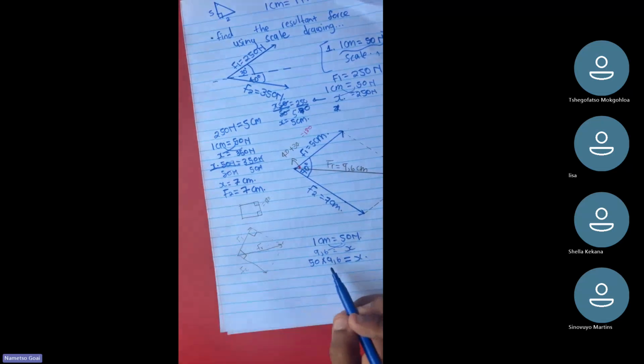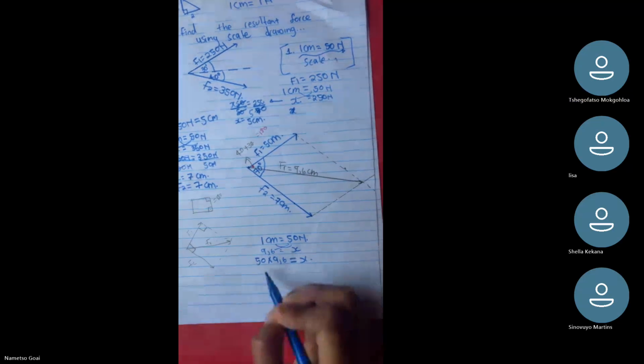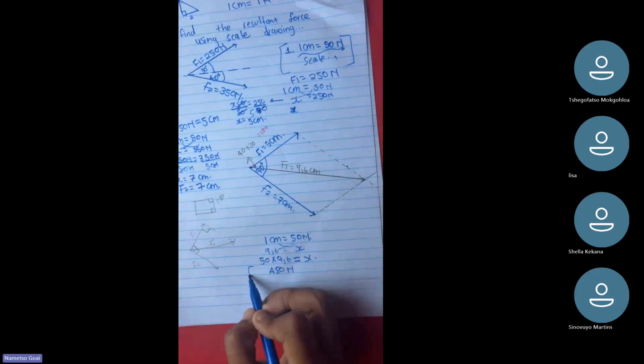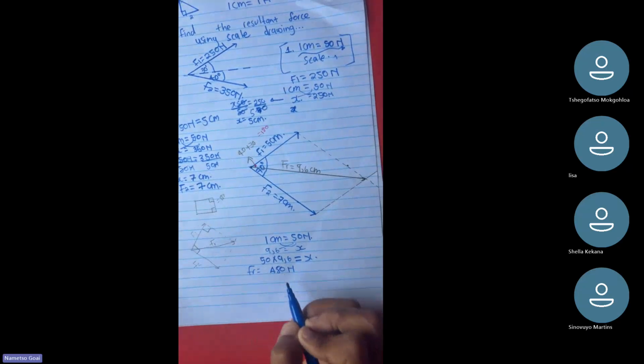Can somebody say 50 times 9.6 on their calculator? 480. 480 Newton. So our FR would be 480 newtons.